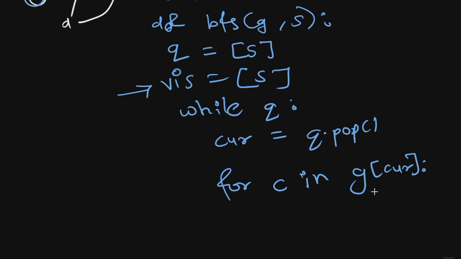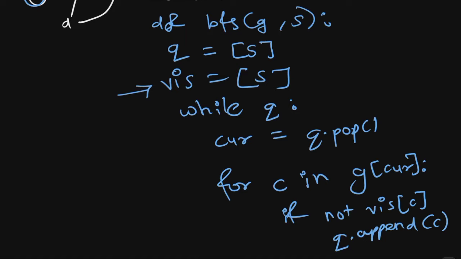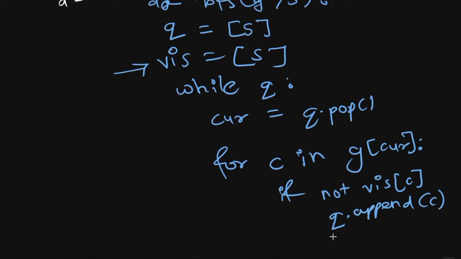We are going to all the elements of graph, and if C is not visited, then we add it to our queue. So queue dot append C, and visited dot append C, because it is now visited.